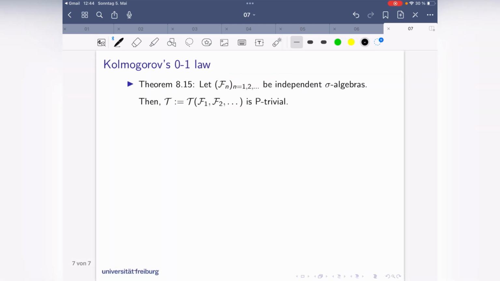Okay, and now we come to the main theorem for today, which is Kolmogorov's 0-1 law, which states that if you have independent sigma algebras, then the terminal sigma algebra generated by them is P-trivial. The proof is not hard, but it's a bit tricky. Let's say T_n is the sigma algebra over the union of the F_m, m bigger or equal to n.